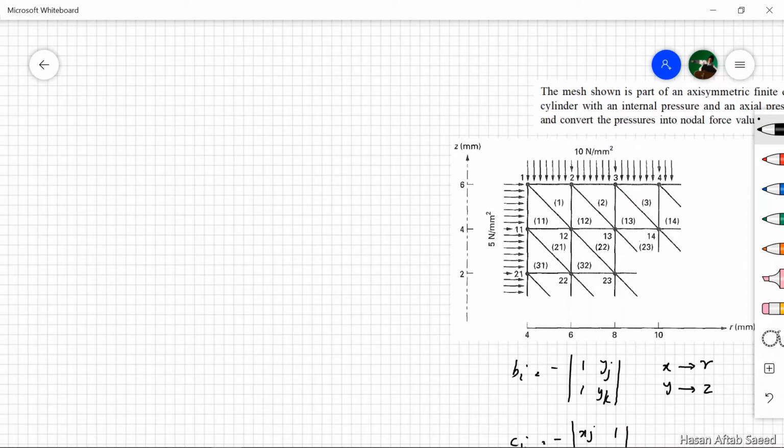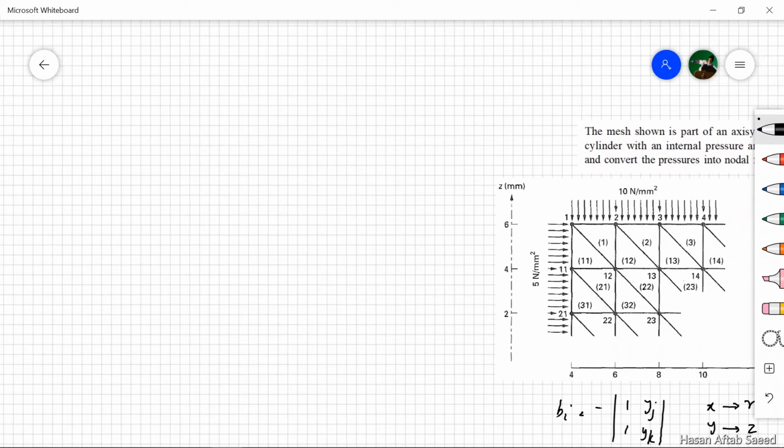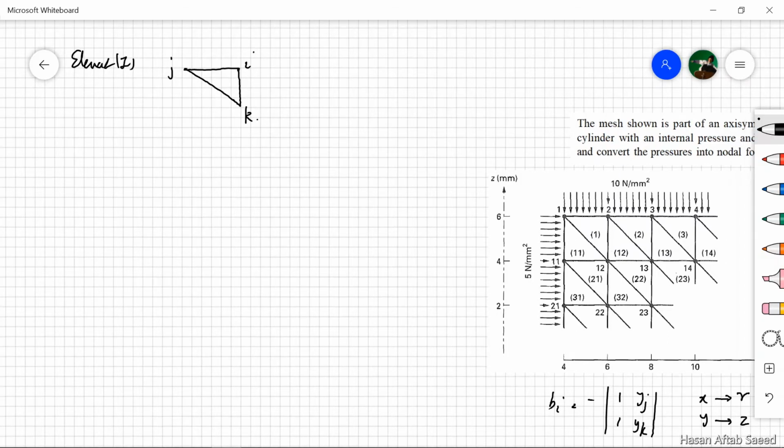So first of all, let's take element 1. This is element number 1. And let's call this I node, this J node, and this is K node. For this, only nodes I and J are relevant here.